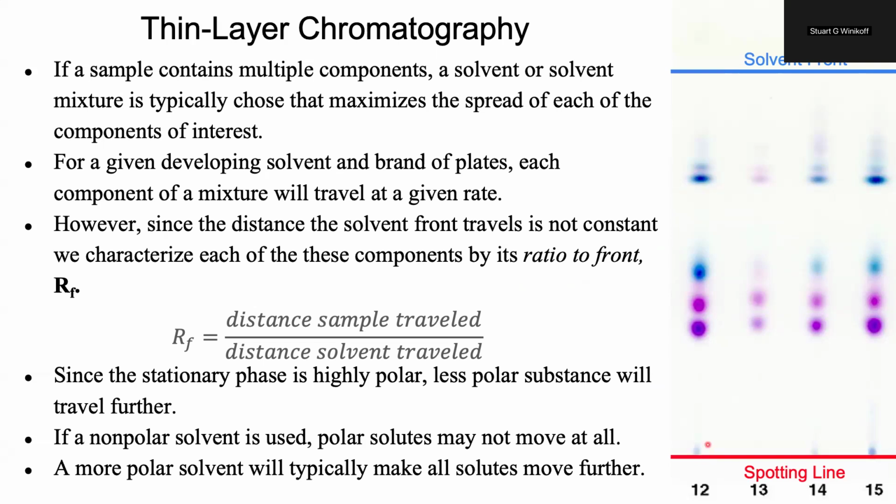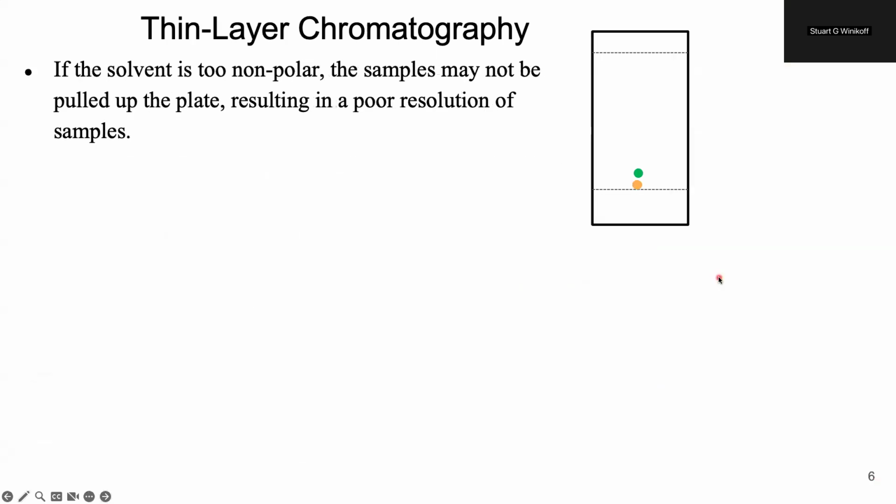However, if you use a more polar solvent, all of your solutes or samples are going to travel further, non-polar or polar alike. And as a result, a major component of TLC is trying to pick the right solvent. So if our solvent is too nonpolar, again, we may find that our samples might not travel off the line at all.